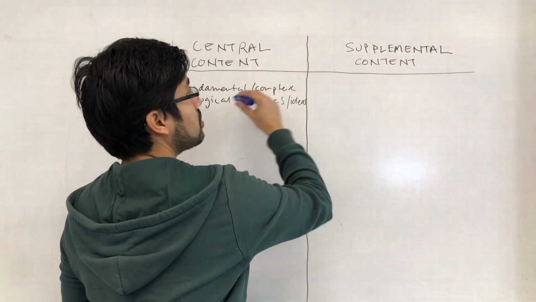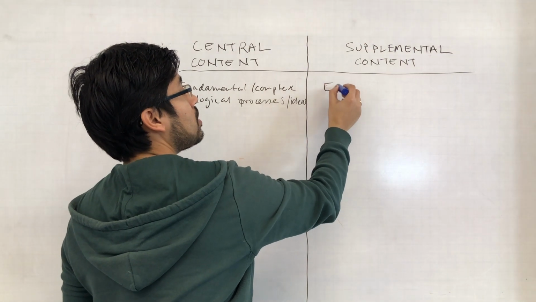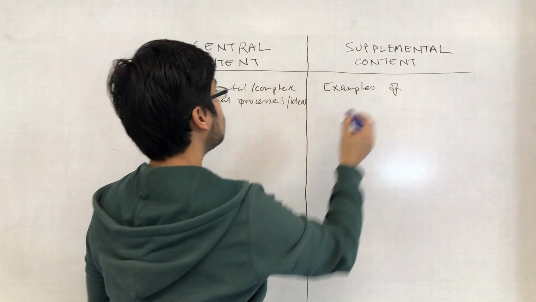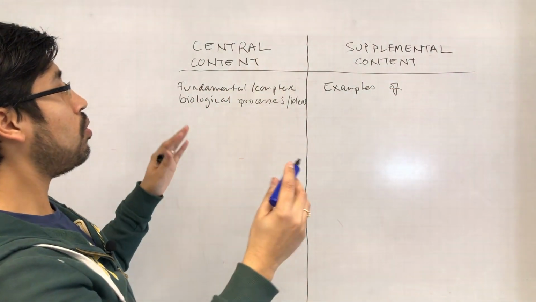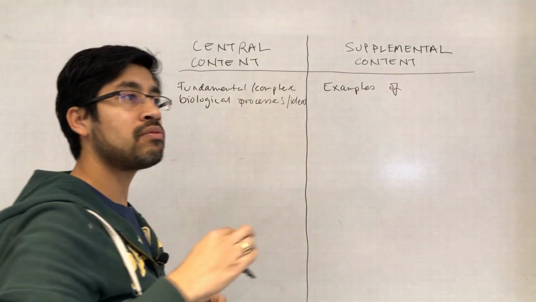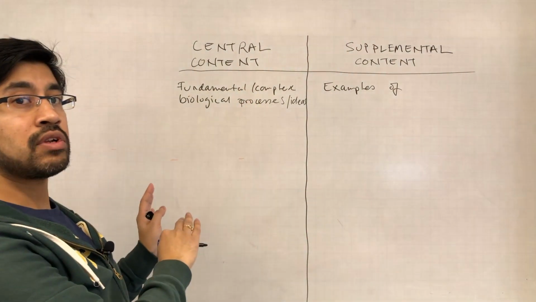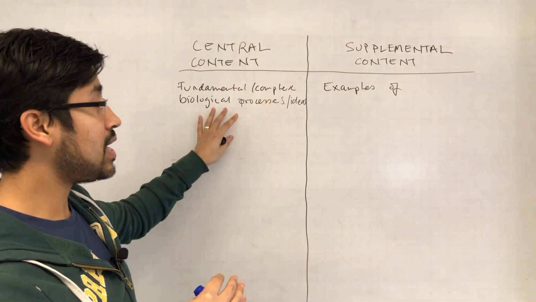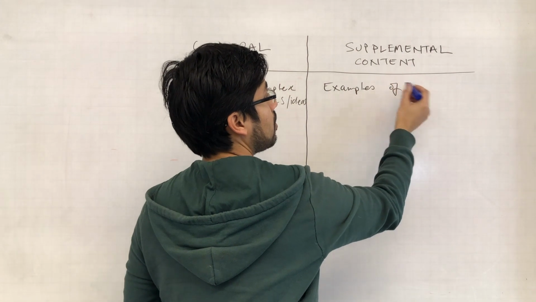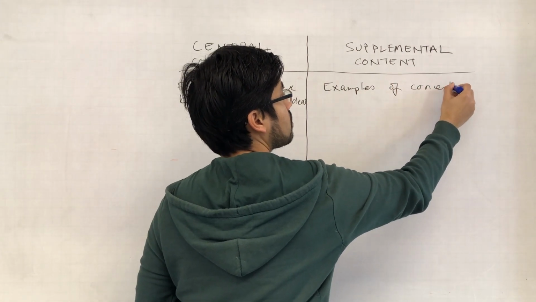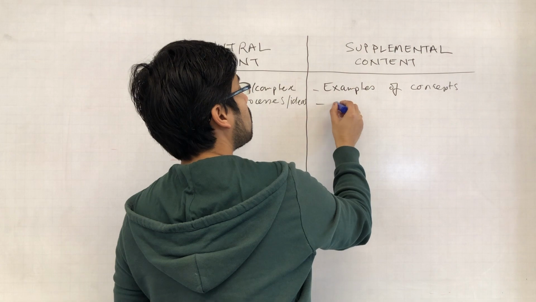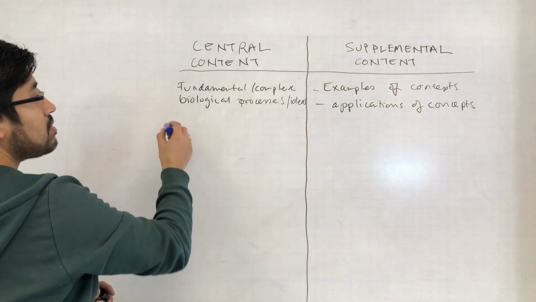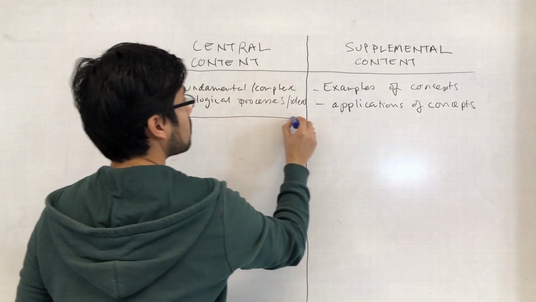So supplemental content would be things that are examples of the fundamental concept, or it might be applications of that fundamental concept that allow you a better understanding of this thing. Okay, so we're talking about examples of concepts, or applications of concepts. So this is the main difference.